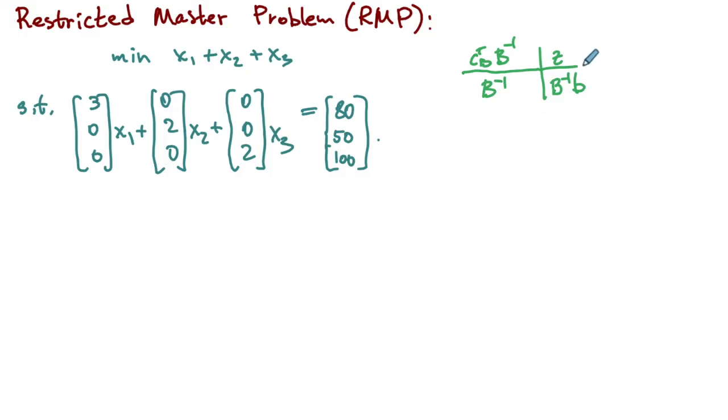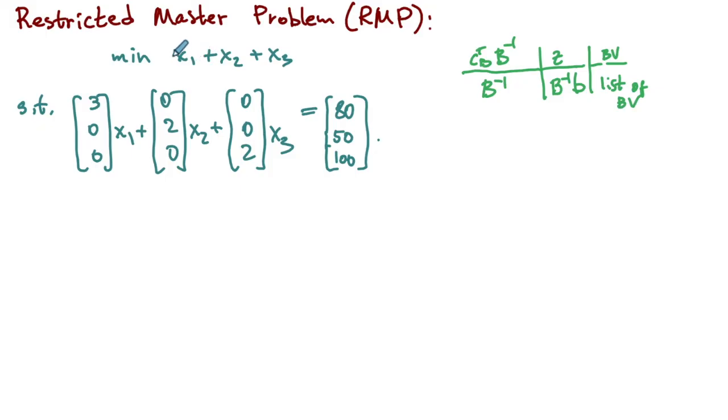In fact, it's the part corresponding to the basic variables, right? So here we'll have the column for listing the basic variables, and we'll have the list of basic variables here. For our starting restricted master problem, all of this is trivially determined.